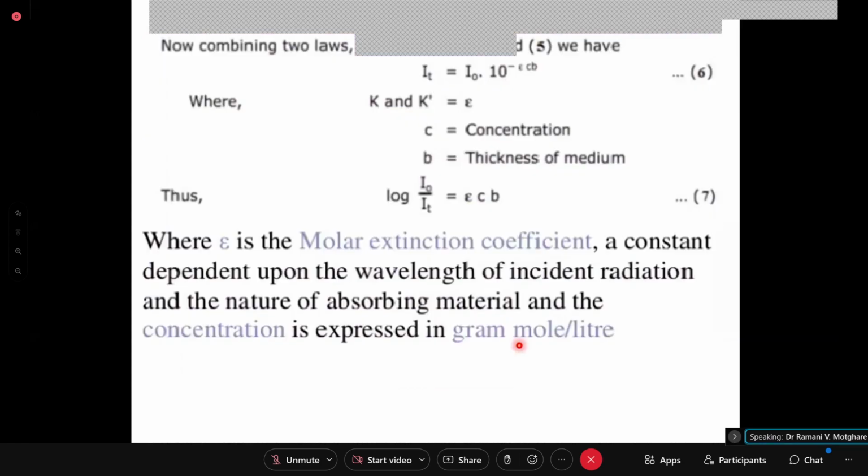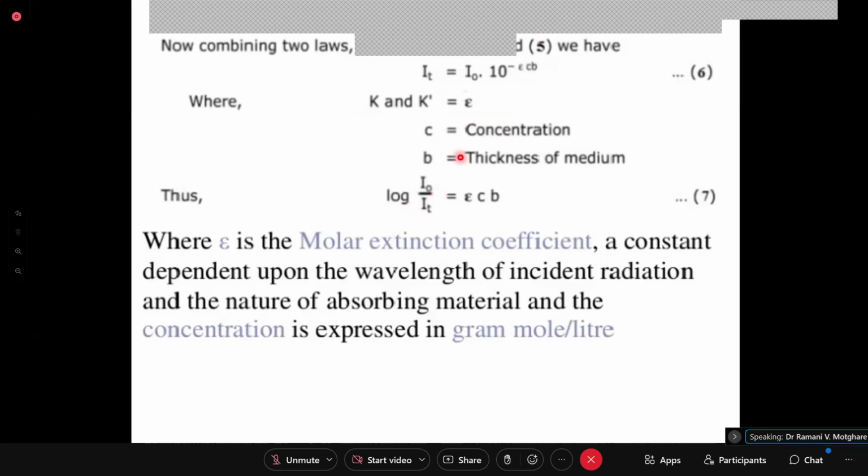Then you can say that IT is equal to I0 10 to the power minus epsilon CB, or CT. So K and K prime are merged into epsilon, the molar extinction coefficient.